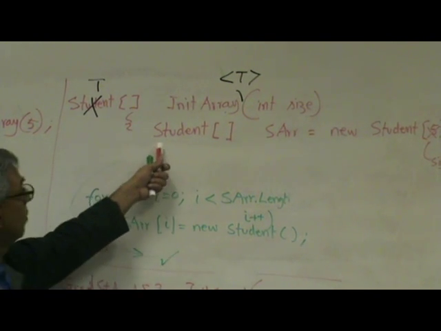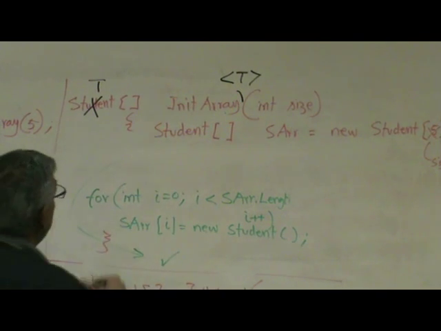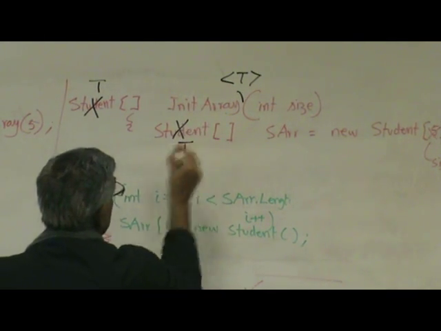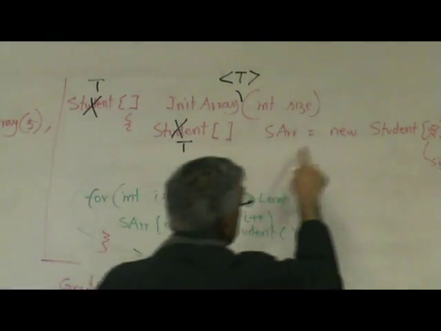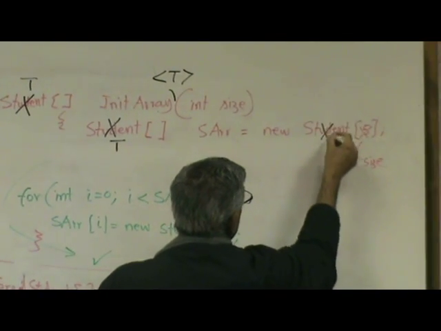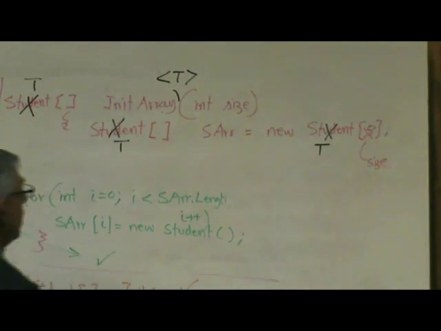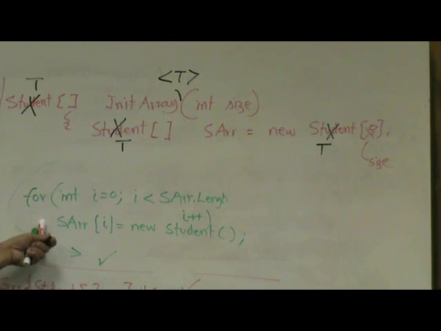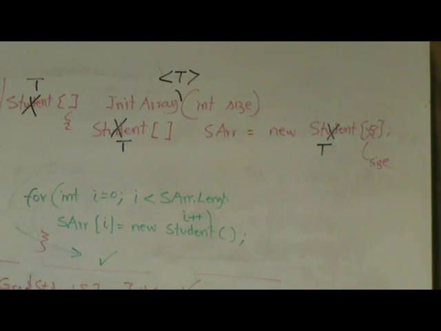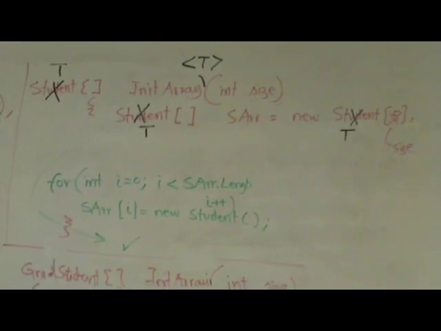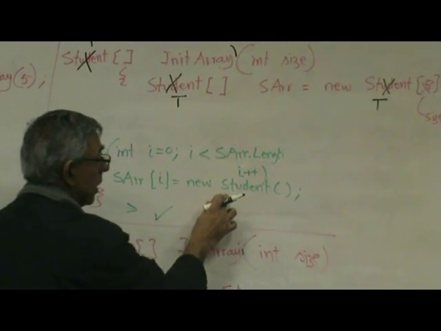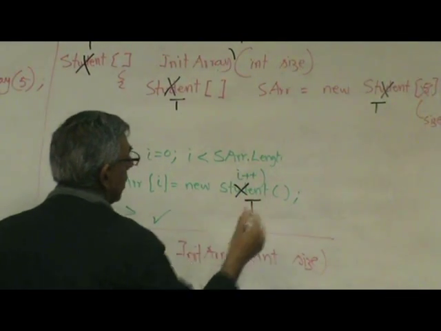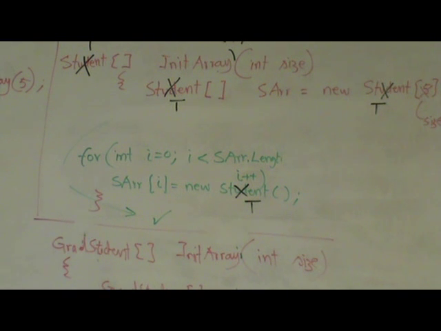What will this change to? Wherever student is, it becomes T now, right? And then S array equal to new T. And then let's go to this line. Int I equal to 0, I less than S array dot length, S array of I equal to new T. And you have your generic method.